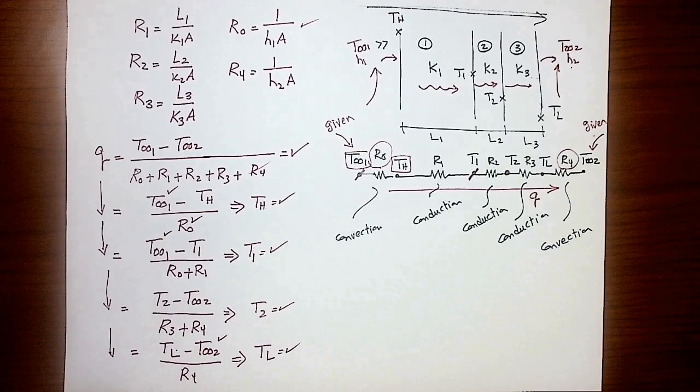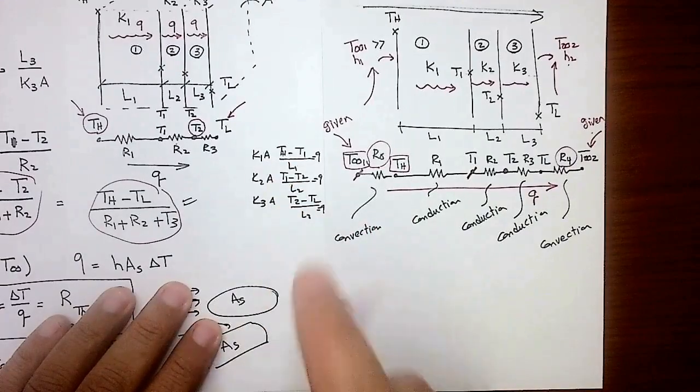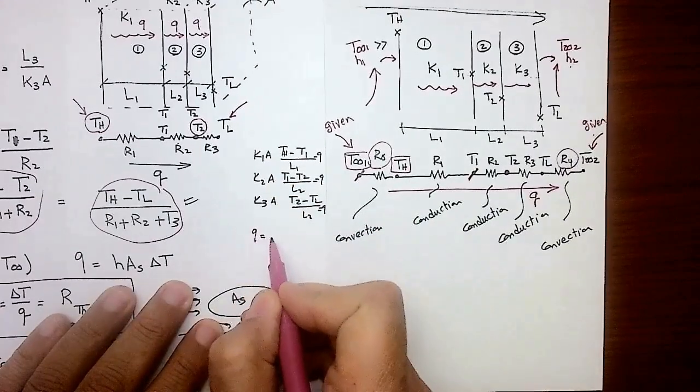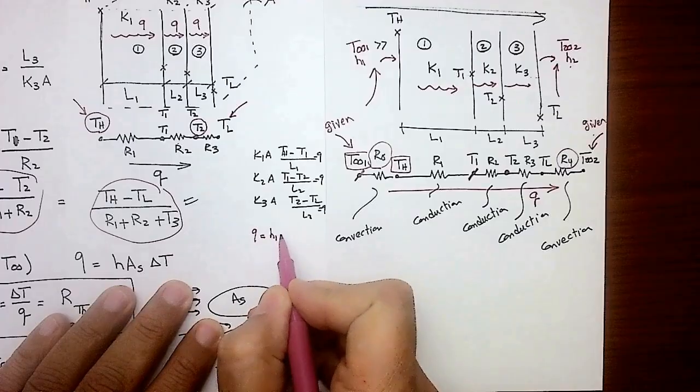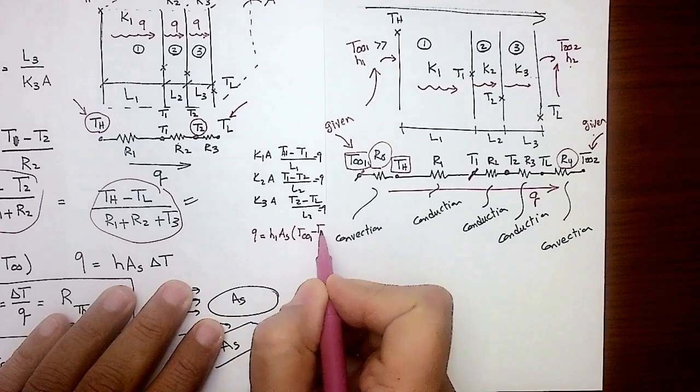So I hope that gave you a sensation of how simple using the thermal circuit analysis is. Again, imagine now we are going back to using these equations. 3 for the conduction. Then I'm going to have Q is equal to H1 surface area times T infinity 1 minus TH.